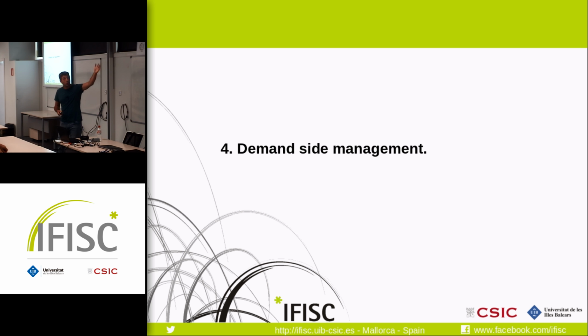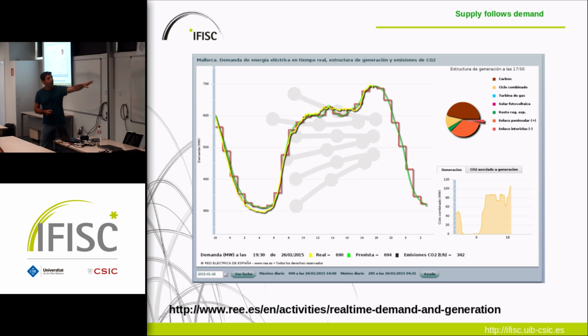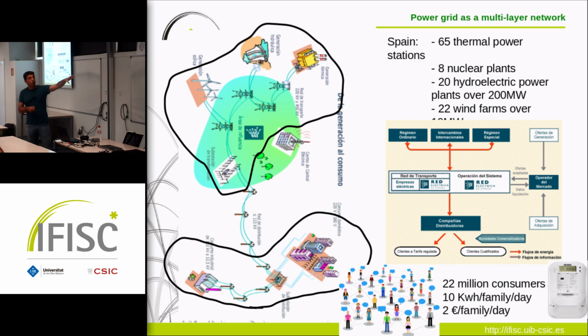And this is what is called demand side management. Instead of putting the control in the power plants, we have to put the control somehow in the users. So the users have to adapt to the available energy. That's an interesting problem, and that's what we do. As I said before, this was not a complex system because the users do not interact.